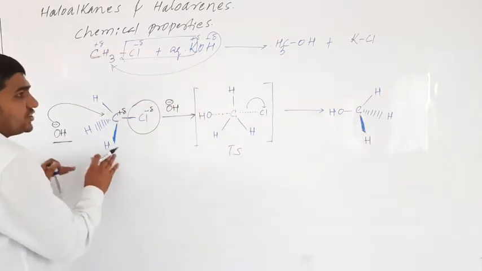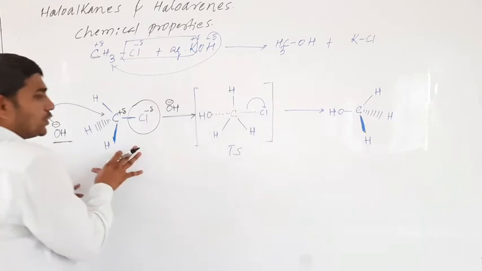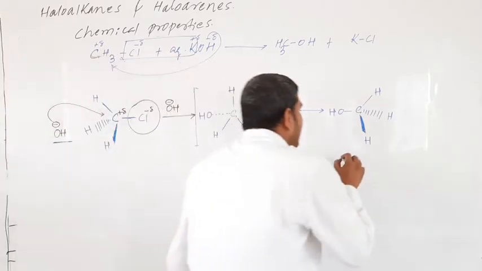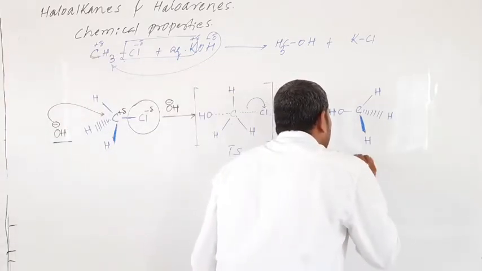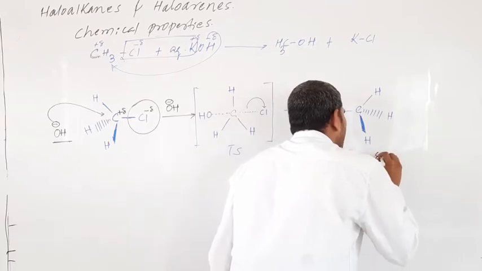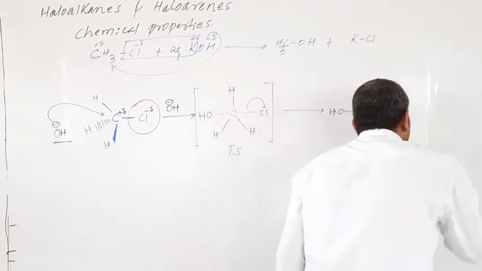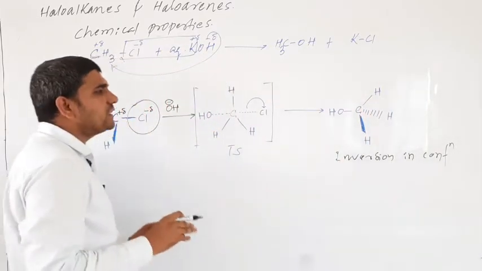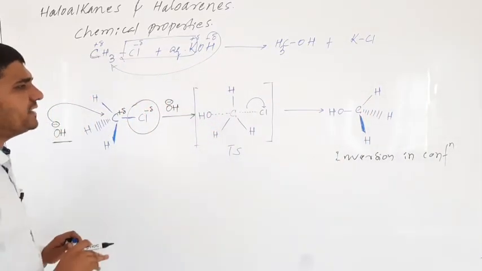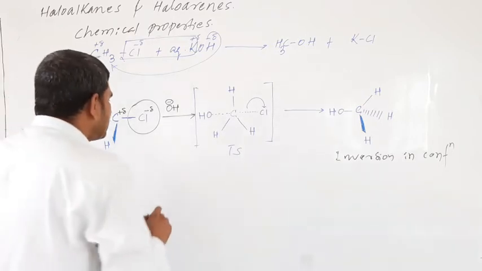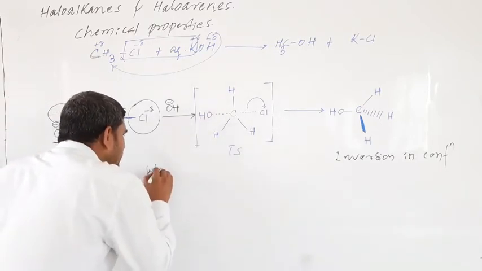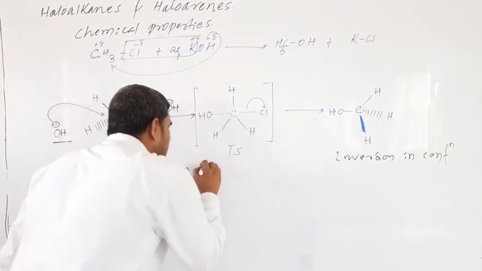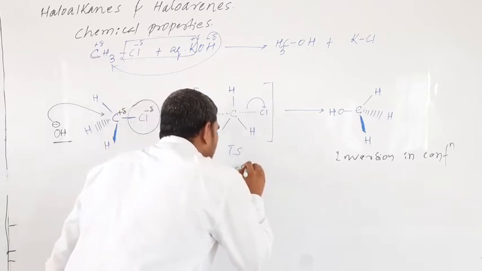Actually, the configuration of the product is exactly opposite to that of the reactant. Hence, this is known as inversion in configuration. Understood? This inversion in configuration was observed for the first time by the scientist Walden. That's why this is known as Walden inversion.